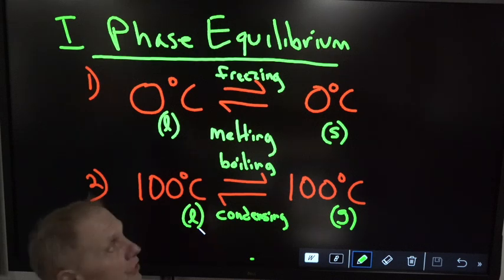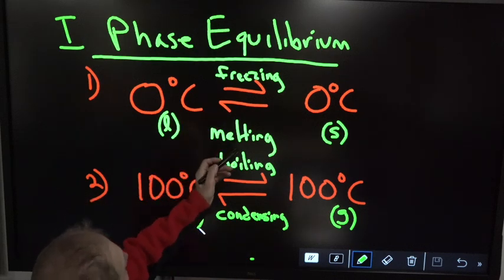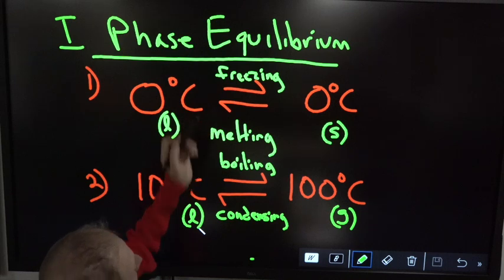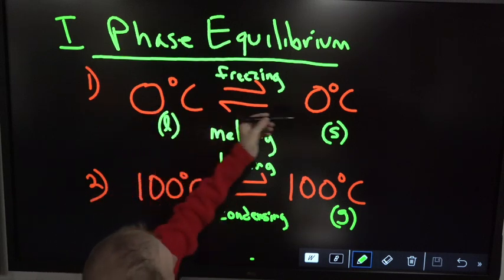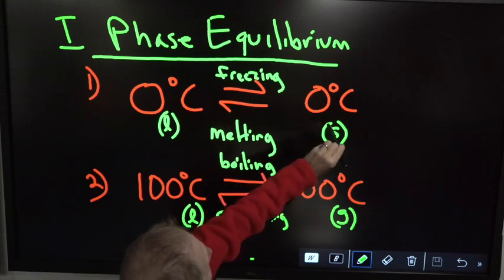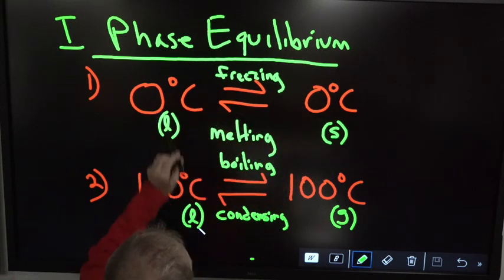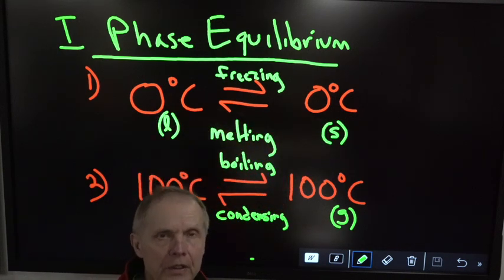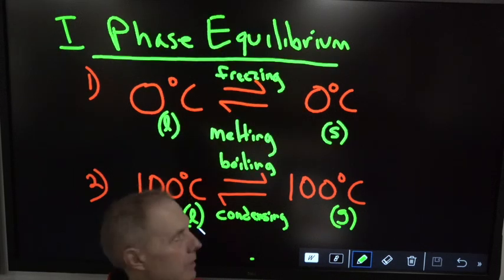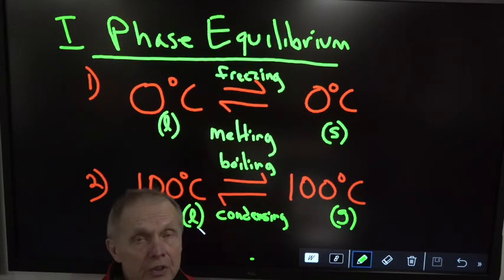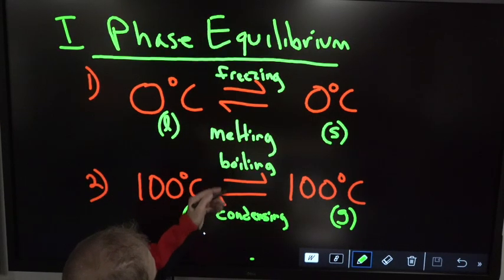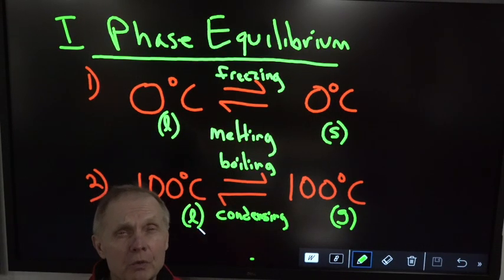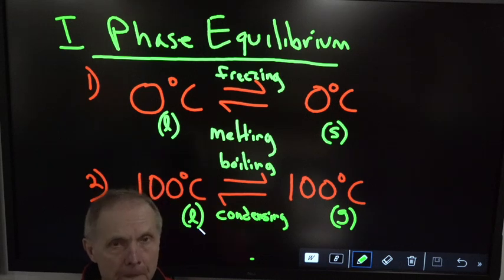The first example is phase equilibrium between freezing and melting. So at 0 degrees, if it freezes, it turns into a solid, and if it melts, it turns into a liquid. So at 0 degrees, you have a phase equilibrium. At 100 degrees, you also have a phase equilibrium between boiling and condensing, which means it's between a gas and a liquid. Okay?